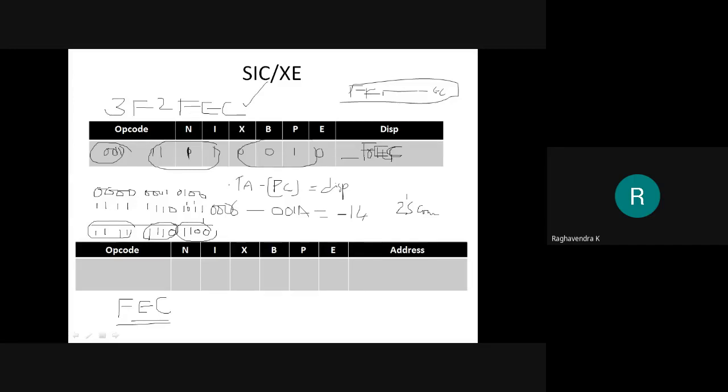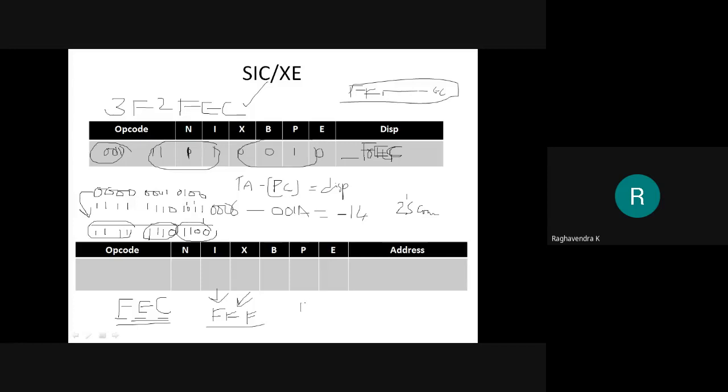Now remember one more thing. When we convert the value to 2's complement, here we have got F, E, and C. If it is exceeding FFF, then this is one of the cases where we cannot assemble this instruction using PC relative addressing mode, because it's a 12-bit displacement.